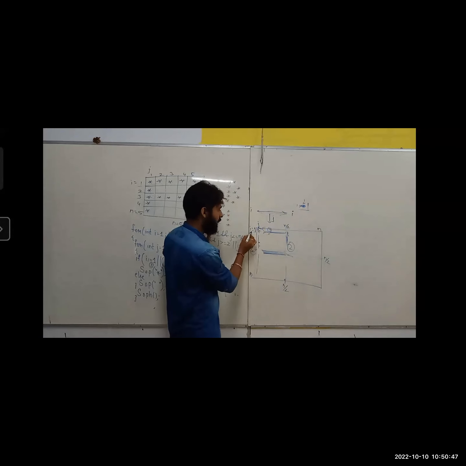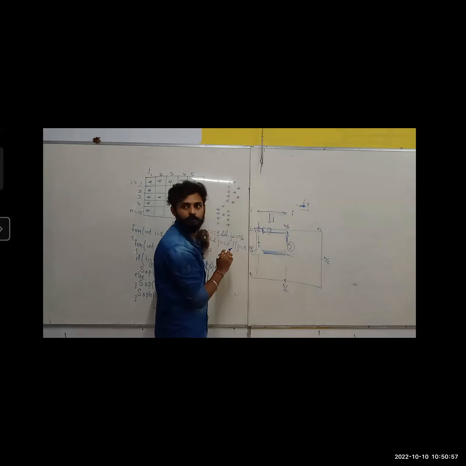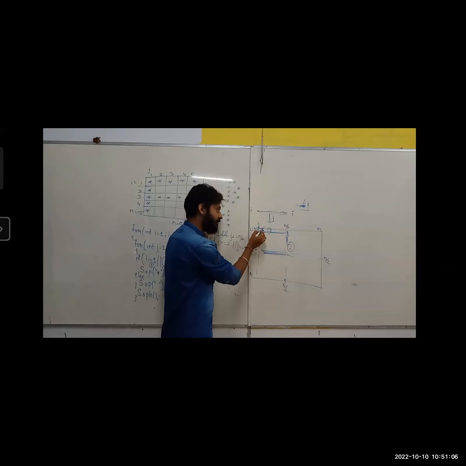Simple thing is, I should start from one only, this row only, but J should be from here till here. Previously, we were saying J should start from 1 till n by 2. But now J should start from here and till here you should print.